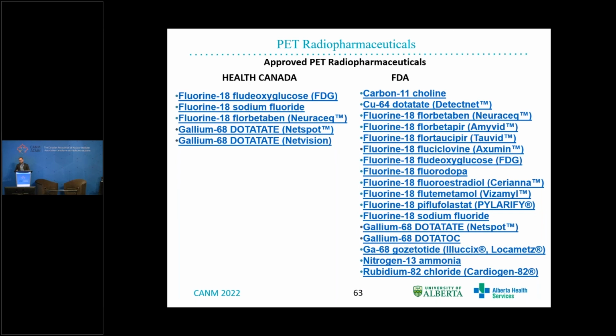Even at that, because of the long distances within Canada, except for FDG, nothing is really available in Western Canada, because the market authorization holders are all on the eastern side.